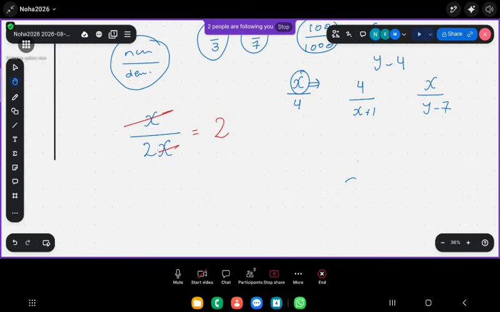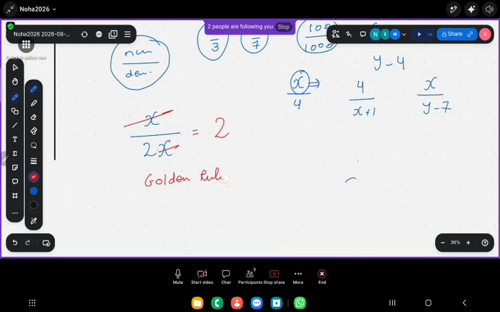Don't worry. So my golden rule here, as we used to do. What's the meaning of golden rule? Golden rule means how to solve. How can I solve? I will say factorize if it can be, then cancel.